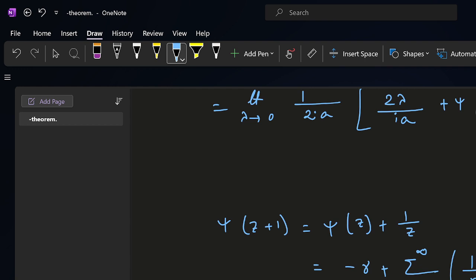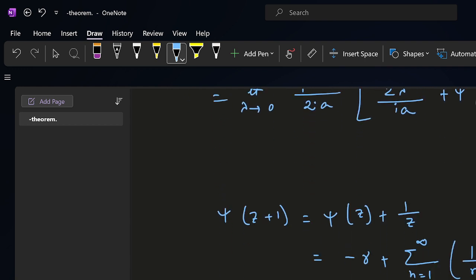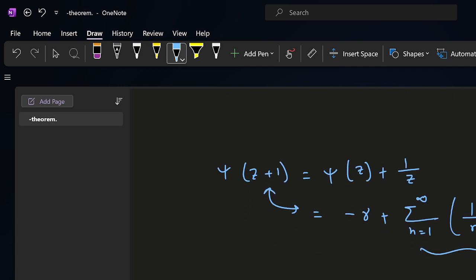So basically till this part I think we did fine, except that we had missed out this psi of z plus 1 term directly, because if you want to express this part, you can just take out this summation over n equal to 1 to infinity of 1 by n minus 1 by n plus z equal to psi of z plus 1 plus gamma, right?